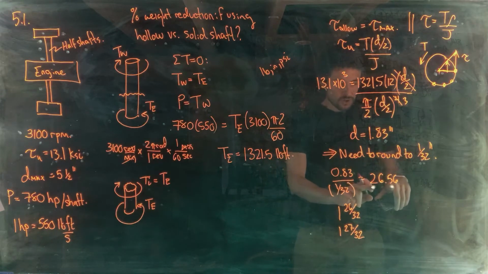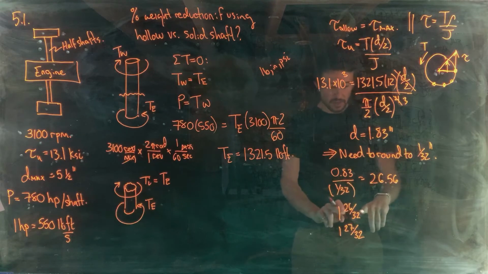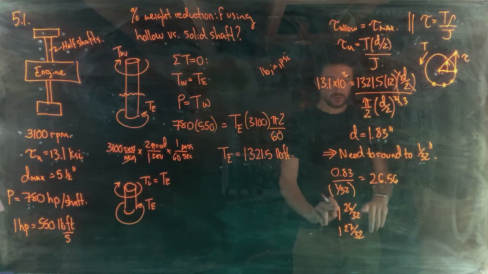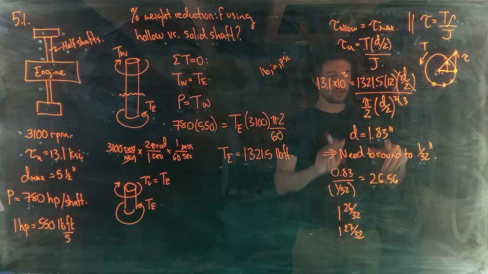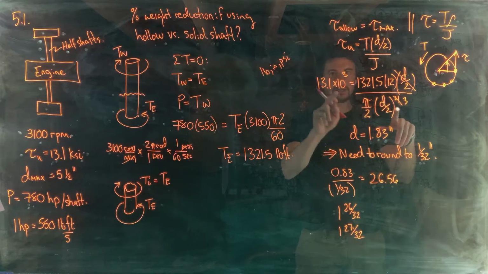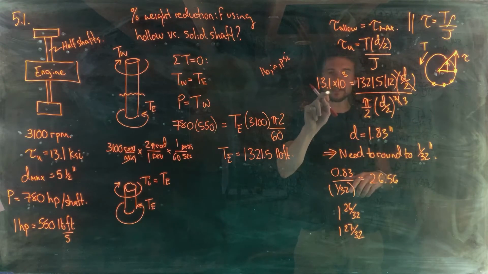If we were to round down and choose 1 and 26/32, that would mean that we don't have the cross-sectional area that is needed to maintain the maximum stress at 13.1 KSI.